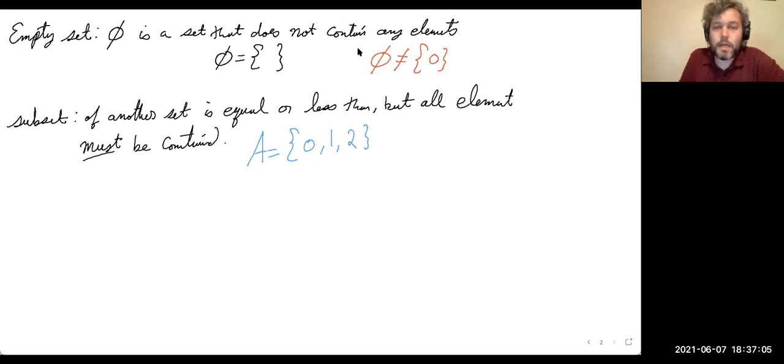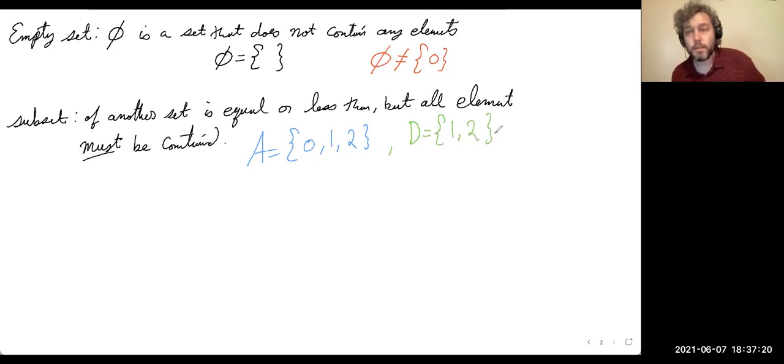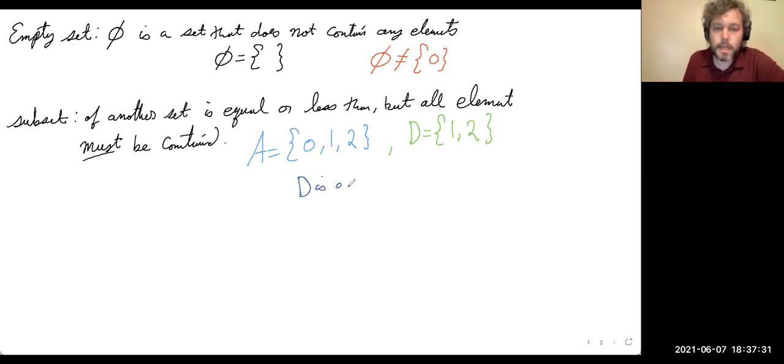Let's say that we have set, I don't know, D. Let's say that the set D is just 1 and 2, okay? This would mean that D is a subset of A, okay? So this means that D is a subset of A.